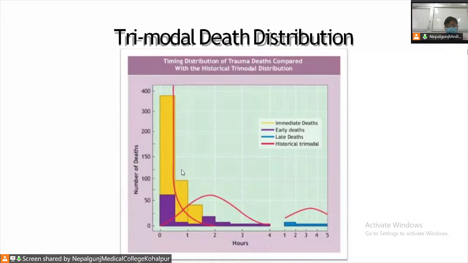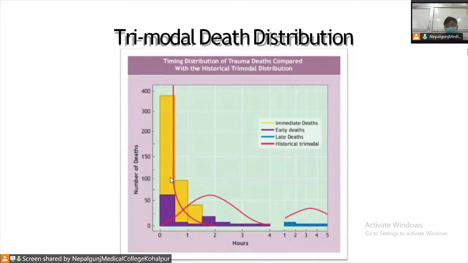What we need to know is that more than 50% of the cases die in early hours, that is less than 5 hours. When we can intervene in polytrauma within this time period, we can save the patients adequately. So our main focus is to prevent immediate and early death.